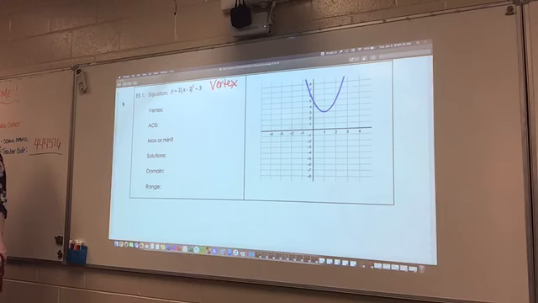What would you say for the range, Javiera? I got 3 to positive infinity. Okay, am I including 3 or am I not including 3? Including. Okay, so what is that bracket supposed to look like? Not a parenthesis, but the other one, right?